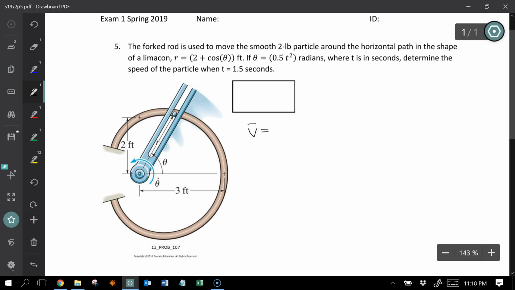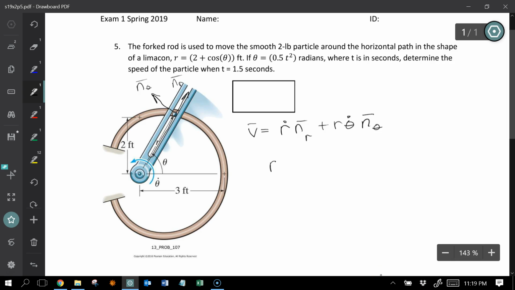Velocity in polar is equal to r dot in the radial direction plus r theta dot in the transverse or theta direction. In the radial direction you don't really care, but it's that way and perpendicular. So this would be the n theta, and that would be the n r. What I'm looking for is r dot.